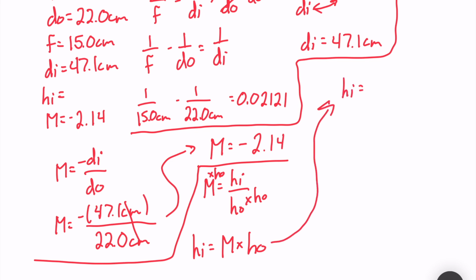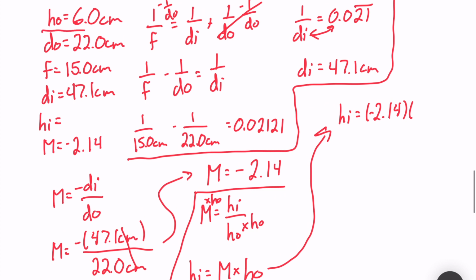So hi equals our m, which is negative 2.14, multiplied by our ho, which was given to us right here. So it's just 6 centimeters. Awesome. And if you type that into your calculator there, you should get the height of image.